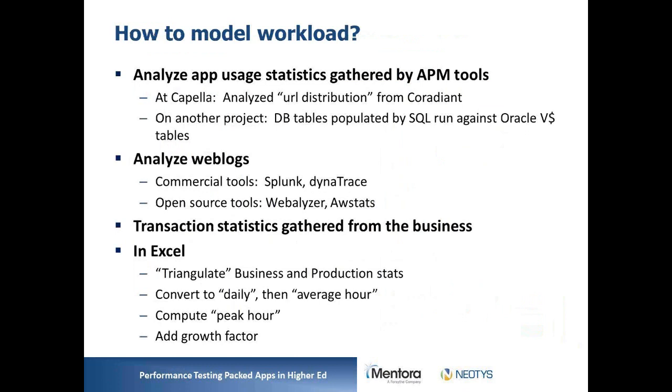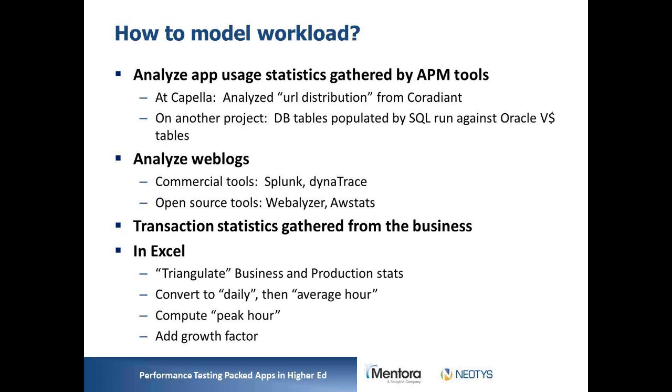How do we do it at Mentora? Well, there are different ways to skin this particular cat, but at Capella specifically, they were using a third-party application performance management tool called Coradiant, and we mined the data in that tool to create a URL distribution, which we then sorted from high to low.